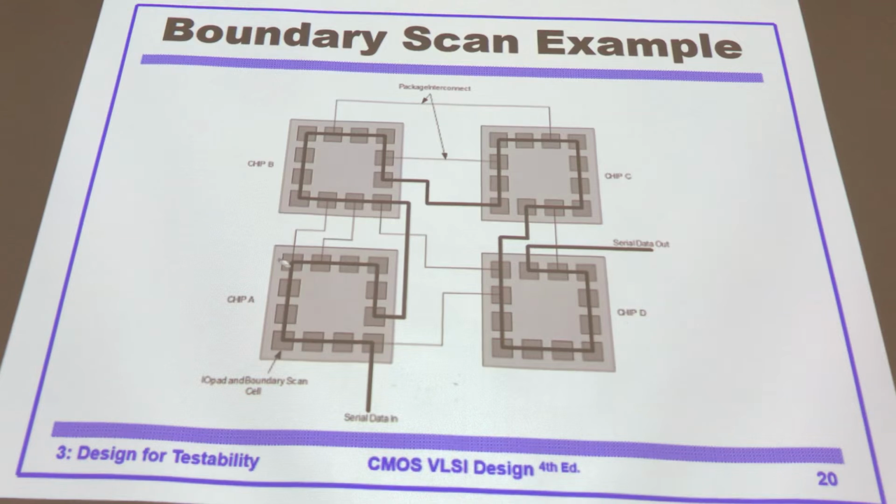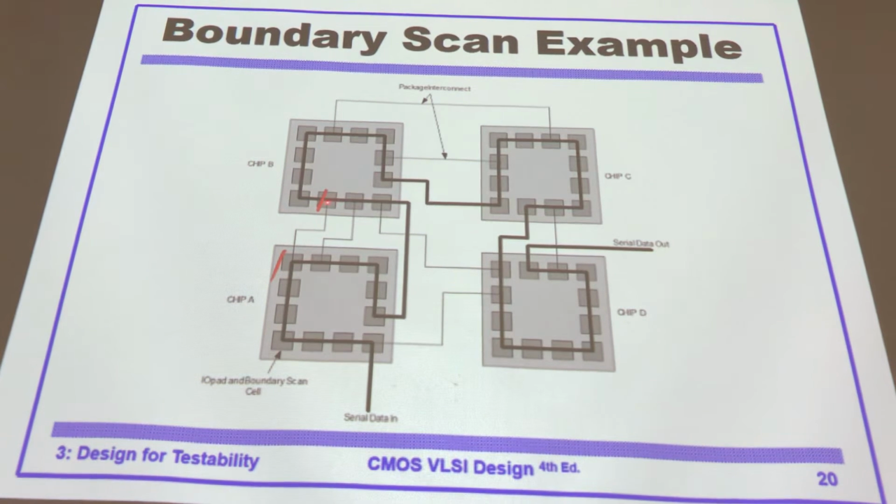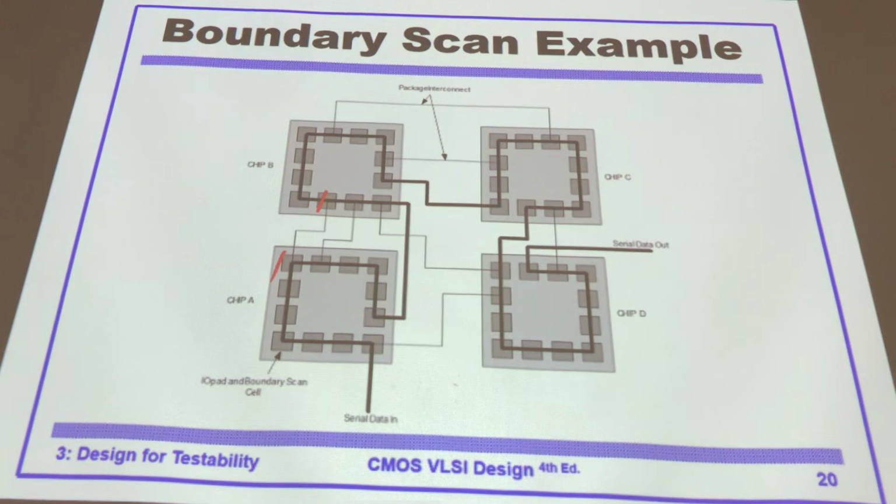After that, we drive 1 and then look at whether or not we're getting 1 in the end, to make sure that this wire connection is okay. Right? We test whether these connections are all soldered well, with no broken wires, making sure that the 1 signal and the 0 signal can both get from this end to that end. Right?